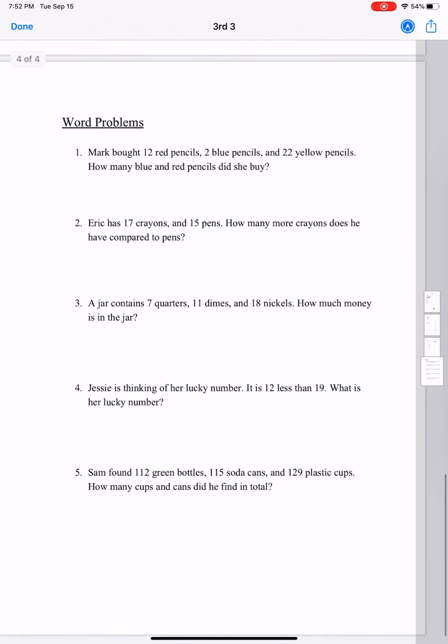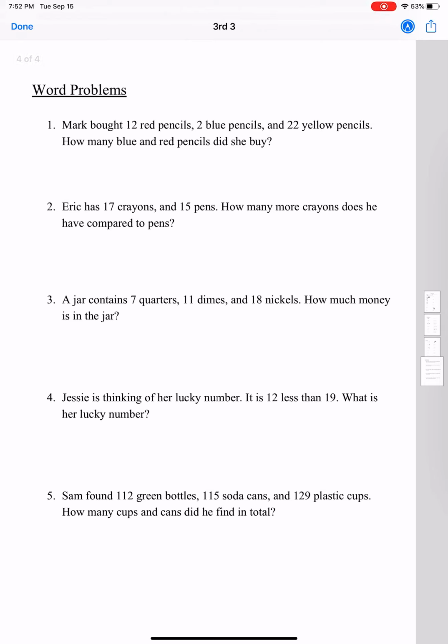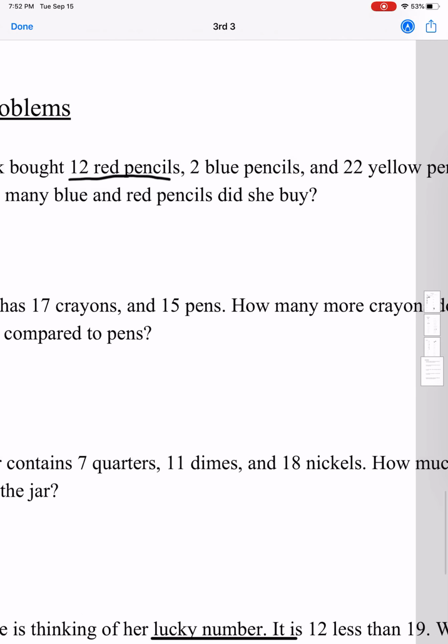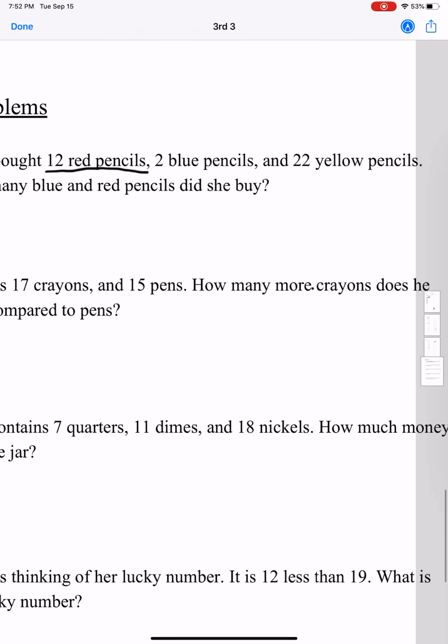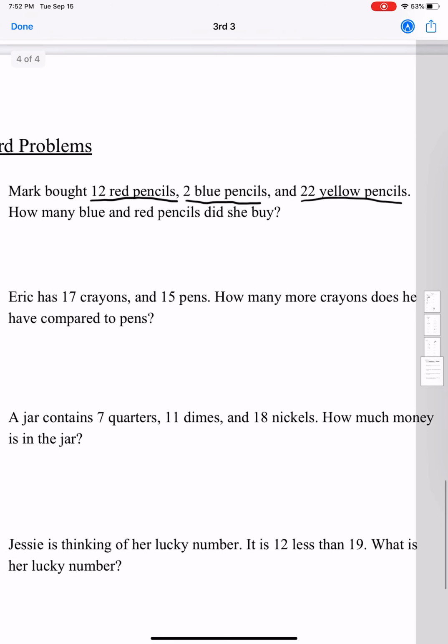Okay, so the last worksheet gives you 5 word problems, so we'll go through these. Mark bought 12 red pencils, so underline 12 red pencils, 2 blue pencils, and 22 yellow pencils. How many blue and red pencils did she buy?